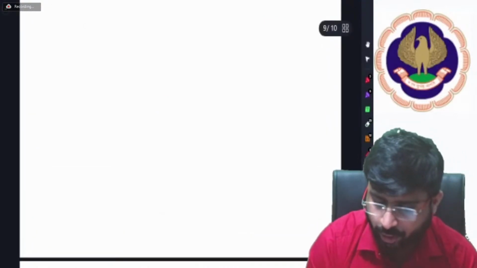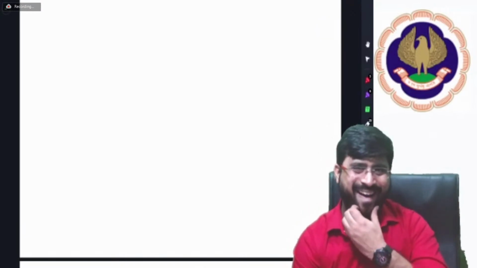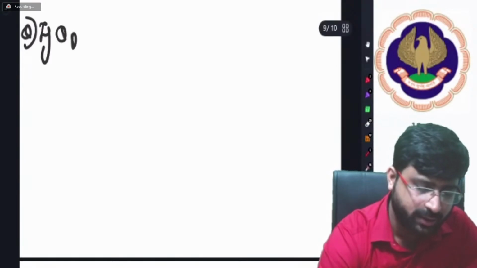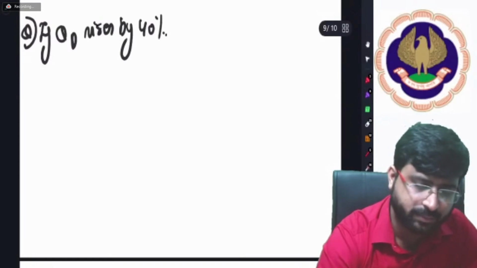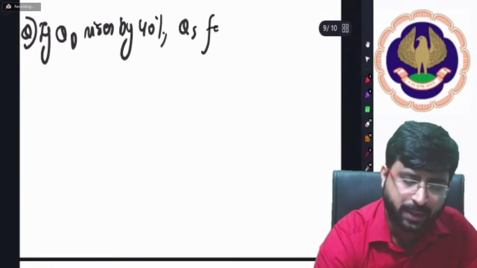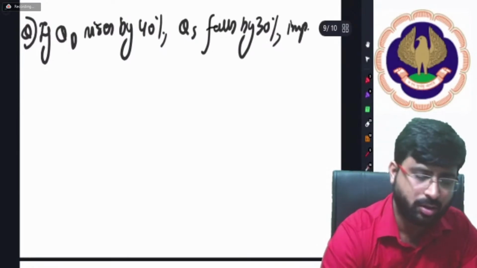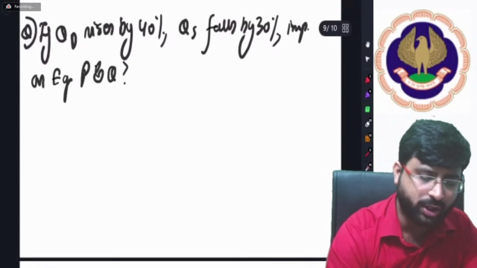Now, you will tell me this one. If quantity demanded rises by 40%, quantity supplied falls by 30%, what will be the impact on equilibrium price and quantity?